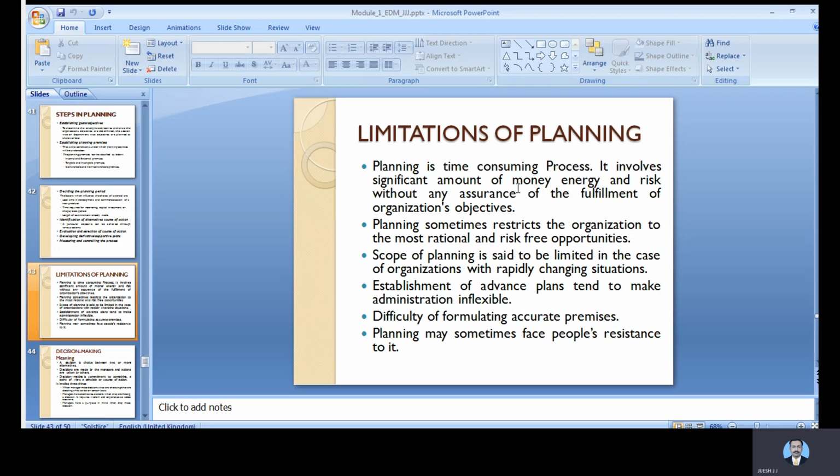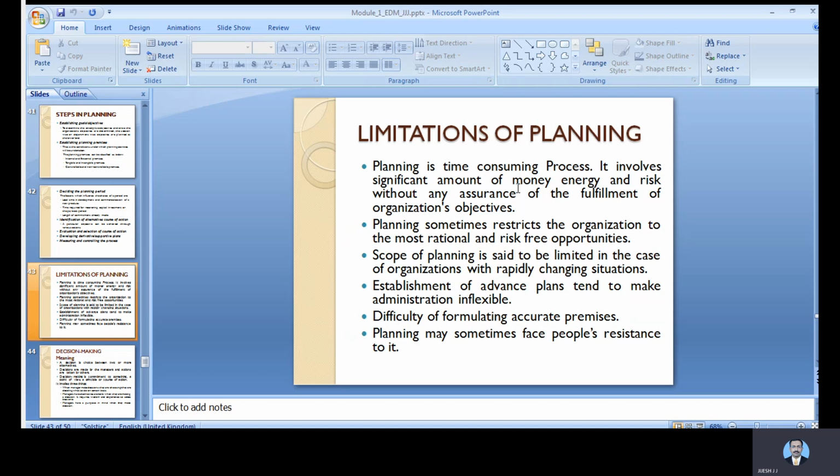Establishment of advanced plans tends to make administration inflexible, and the difficulty of forming accurate premises in planning may sometimes cause problems. Sometimes planning can lead to many problems as well, and what was predicted by you before is not what happens over time in the future.